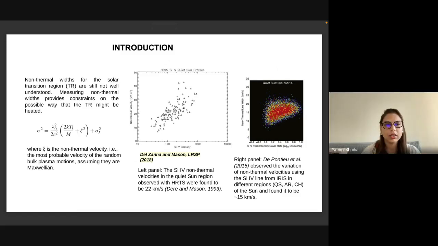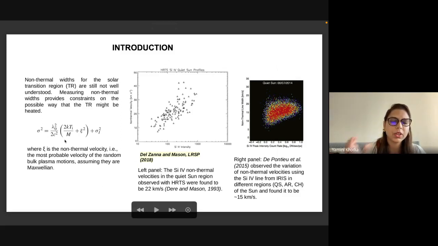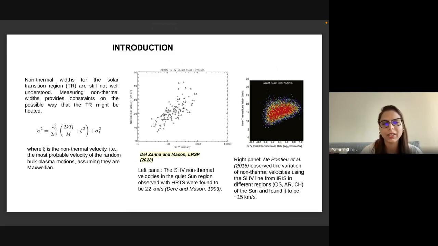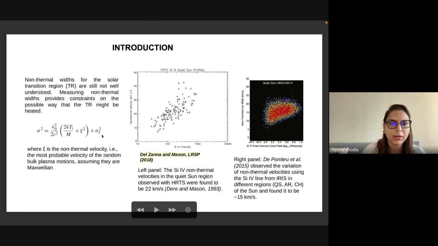Yeah, so because we are using silicon 4, we calculated the thermal broadening using silicon 4, assuming silicon 4 forms at a temperature around 65,000 Kelvin. And we also use the instrumental broadening from De Pontieu et al. 2015.